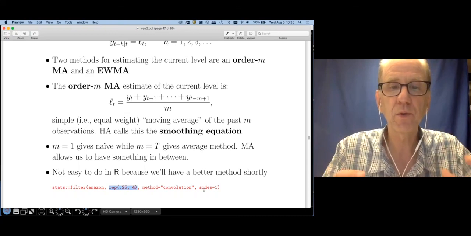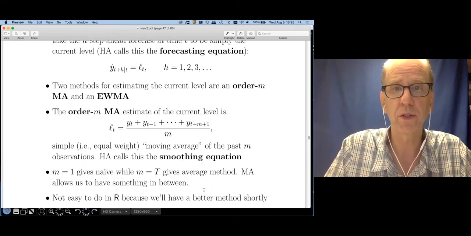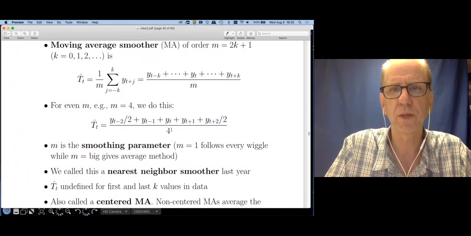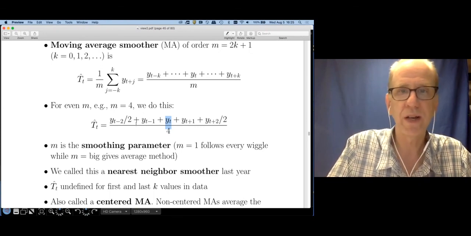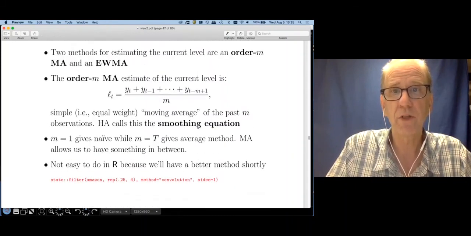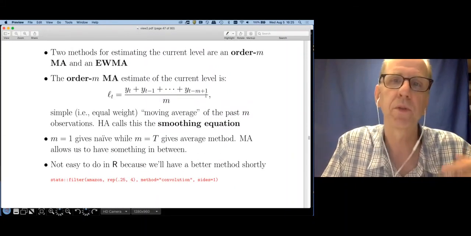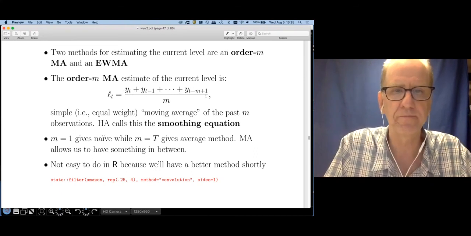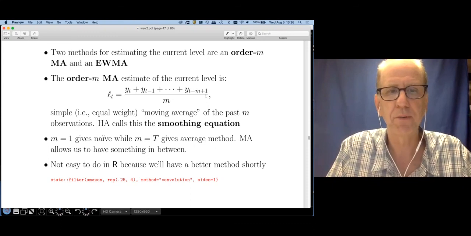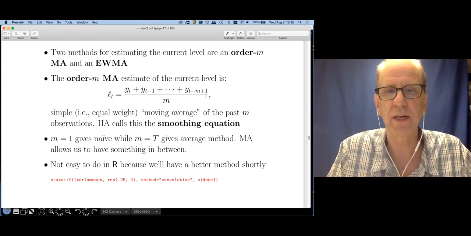I'm not doing a 2-sided smoother the way I was back here. So this was a 2-sided smoother because the focal observation, yt, gets averaged with points on both sides. Here, I'm only averaging points from my focal observation backwards, so using only one side. I don't think it's terribly important that you understand the filter option, but if you're curious, that's how you do it.